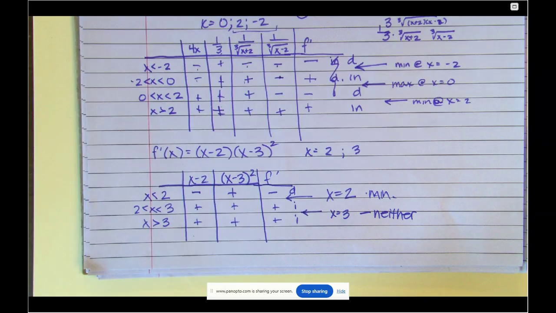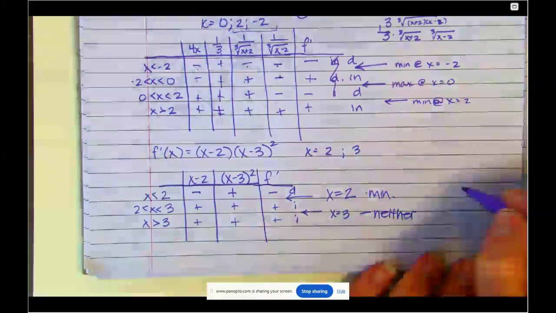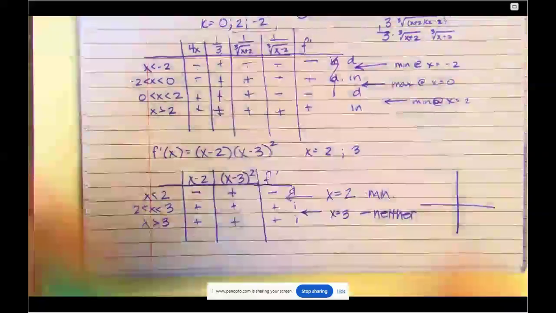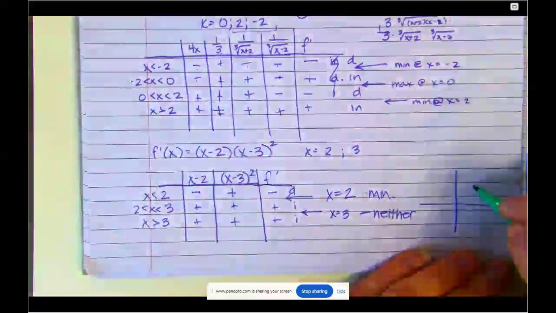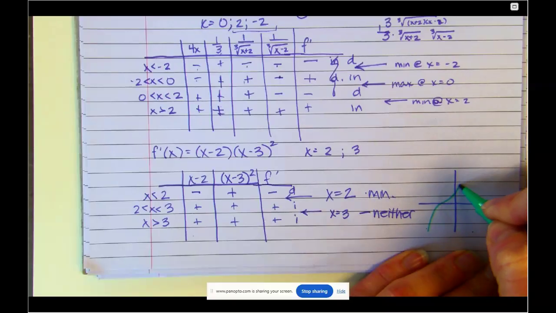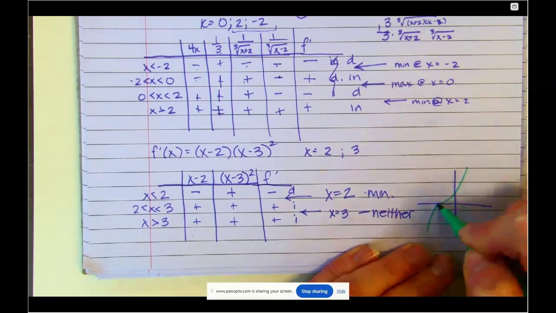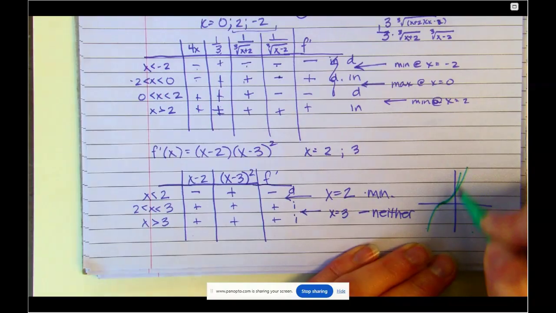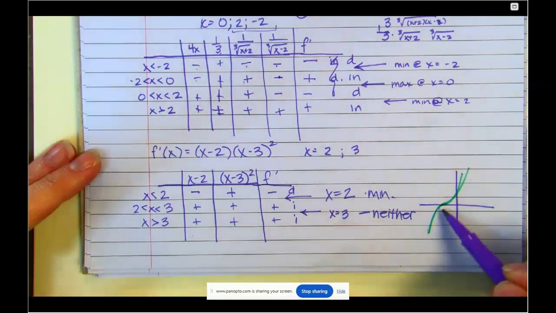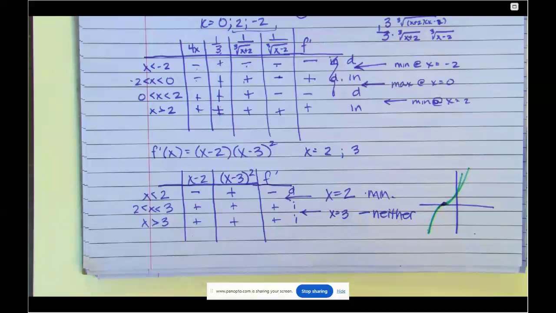It goes from increasing to increasing. On a graph, it flattens and then keeps going up, like an x cubed curve. That counts as a critical value. The derivative is 0.